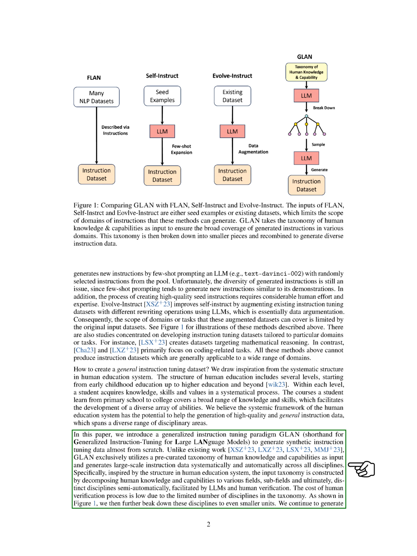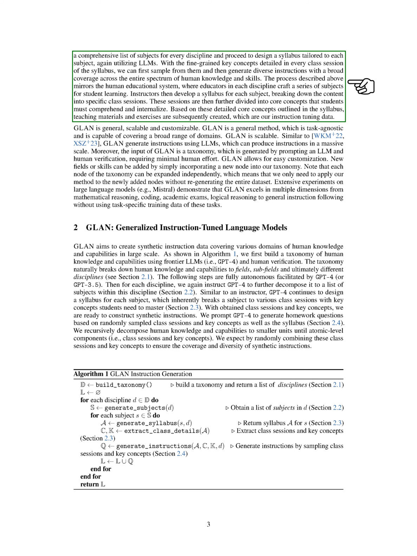We further detail how we break down these disciplines into smaller units, generate a comprehensive list of subjects for each discipline, and design tailored syllabuses using LLMs. By focusing on the key concepts in each class session of the syllabus, we can generate diverse instructions that cover a broad spectrum of human knowledge and skills.